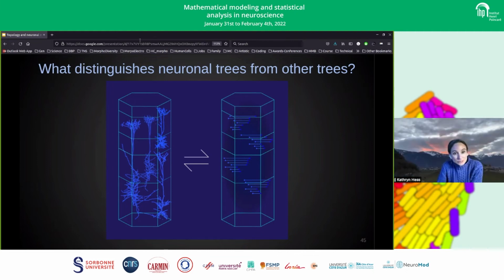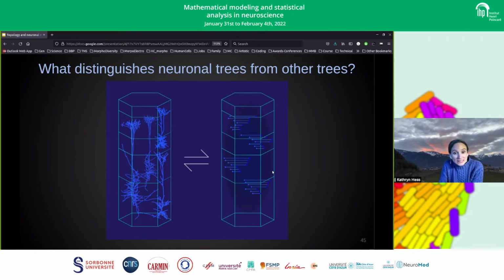Thank you, Lida. So yes, I'm going to take over now since I'm the mathematician, or the purely mathematician in this story. I want to talk about how we can use these sorts of tools to learn how we can distinguish neuronal trees from other trees, because you could think of a neuronal tree as some sort of combinatorial tree embedded in 3-space.